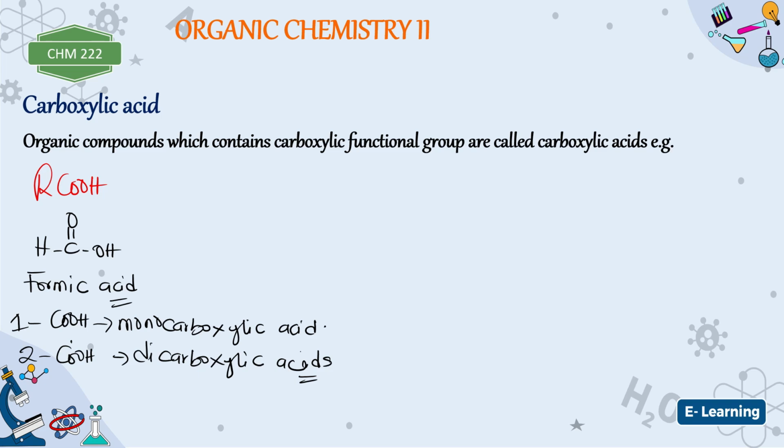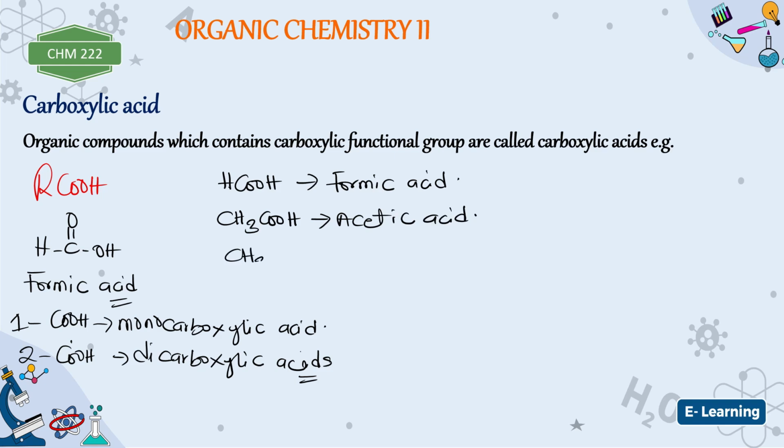Alright, now if a carboxylic acid is like this, the common name is formic acid. However, if it has two carbons, the common name is acetic acid.